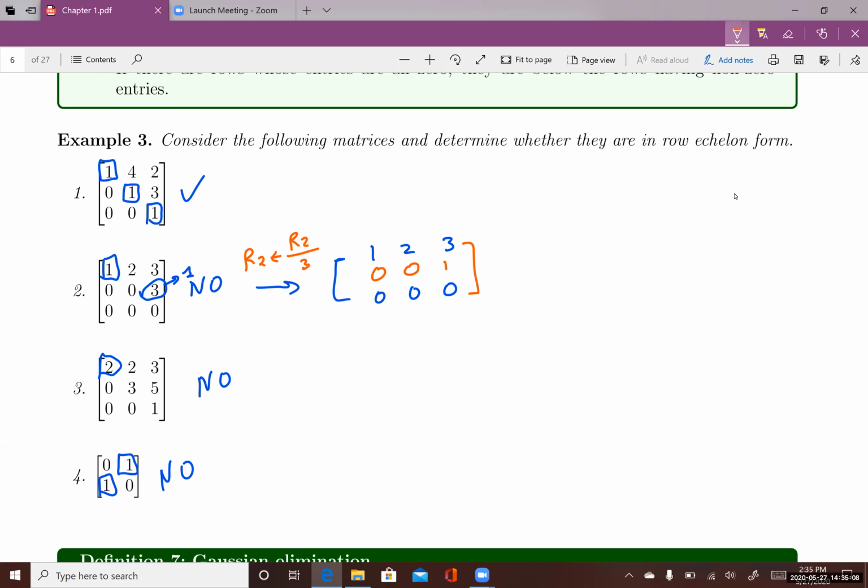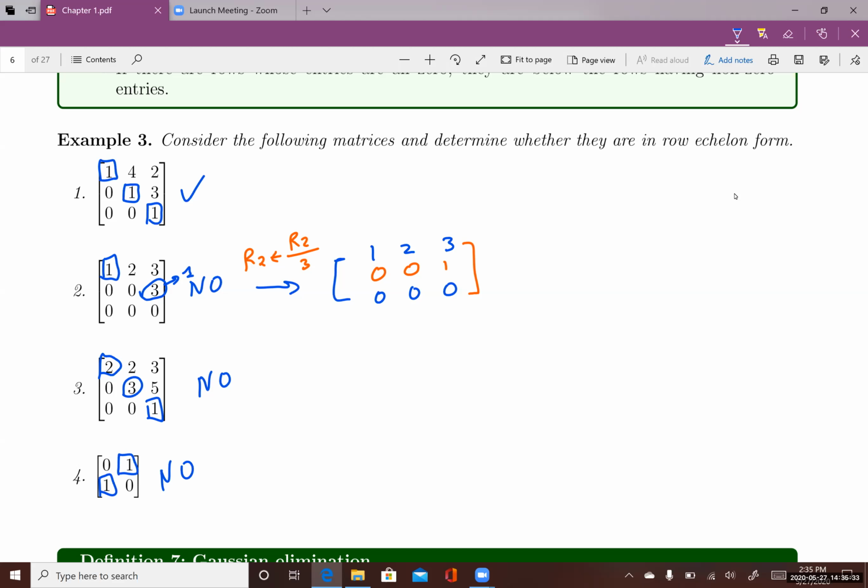All right. Now go to the next matrix. 2 is a problem, 3 is a problem, 1 is a good one. So the last row is in good condition, and we check that the numbers of leading zero entries are good, because the second row has 1, and the third row has 2 leading zeros. So it's good.